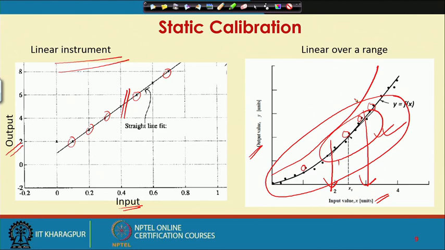So, oftentimes we try to make use of those properties or principles which will give me a linear relationship between an input and output. In other words, the principles of measurements will be chosen such that I can obtain a linear instrument. That may not be possible always, but if it is done, you will get a linear instrument, you will get a linear calibration, and the interpolation and extrapolation will be much easier.